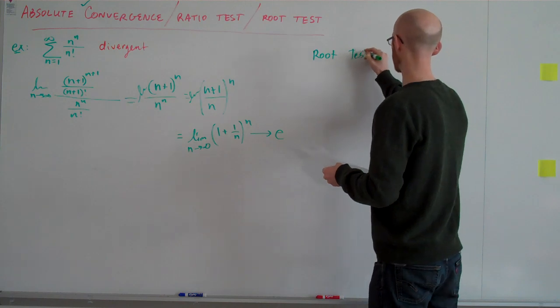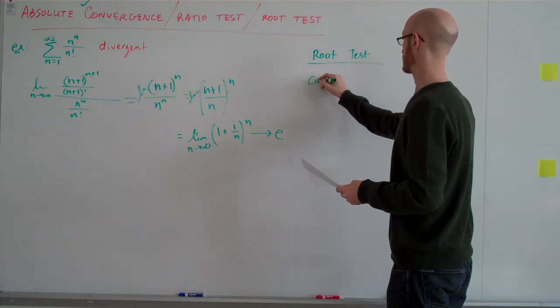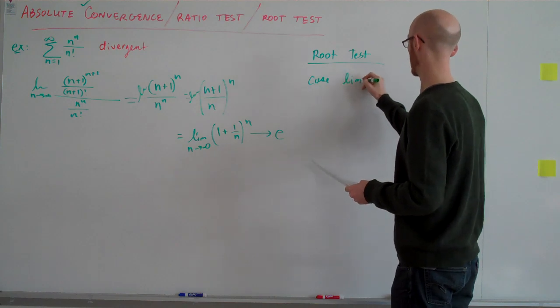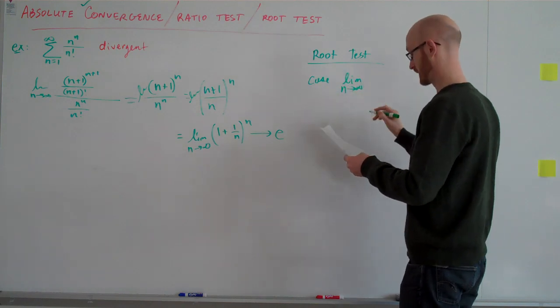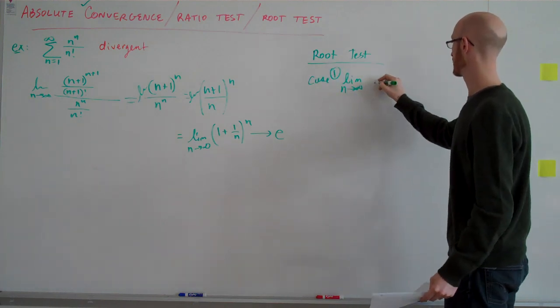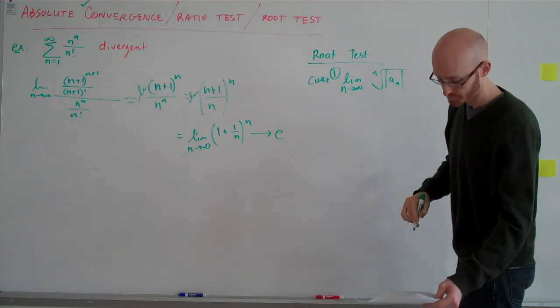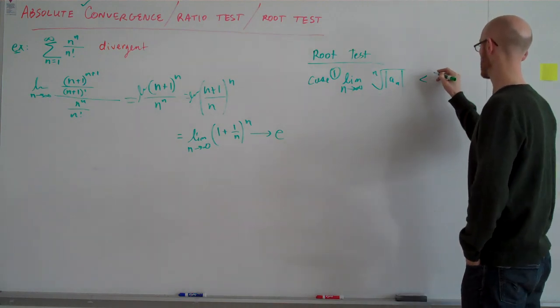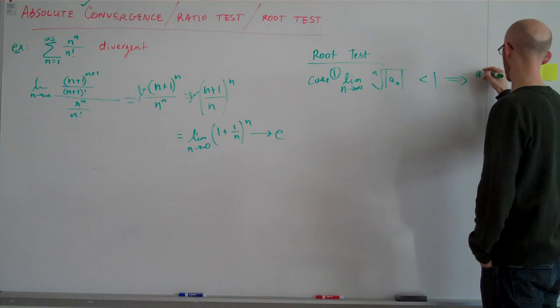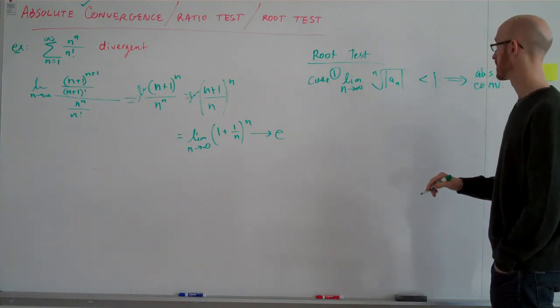Okay, last thing is the root test. The root test is going to be very similar. First case, we're going to compare, case number 1, the limit as n approaches infinity of the nth root of the absolute value of the sequence. If that's less than 1, then absolute convergence.